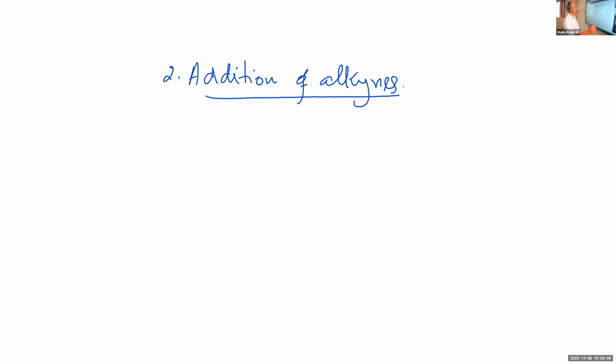Now let us see the addition of water. What are the products obtained? So addition of alkynes, say addition with water. Alkynes can react with the water in presence of a catalyst.